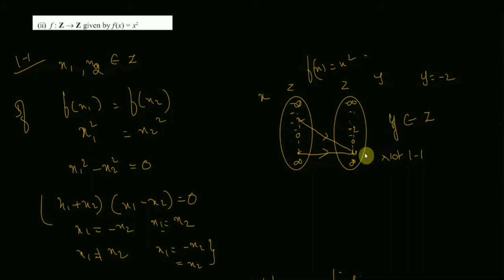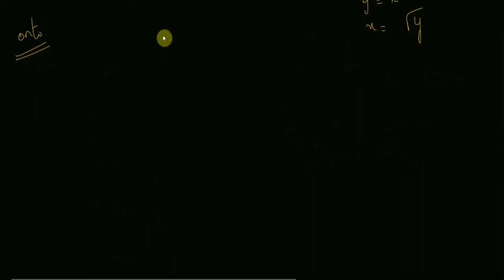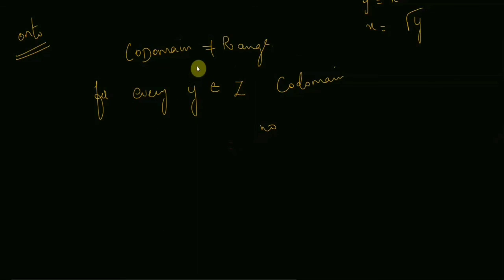That means codomain is not equal to range. Range starts from 1, 4, and so the other elements are left out. So for any y in Z, every element should have a pre-image, but there is no pre-image.